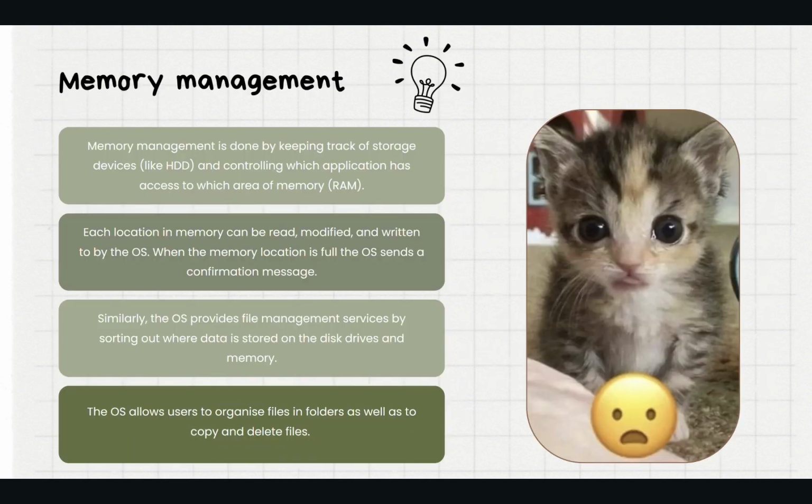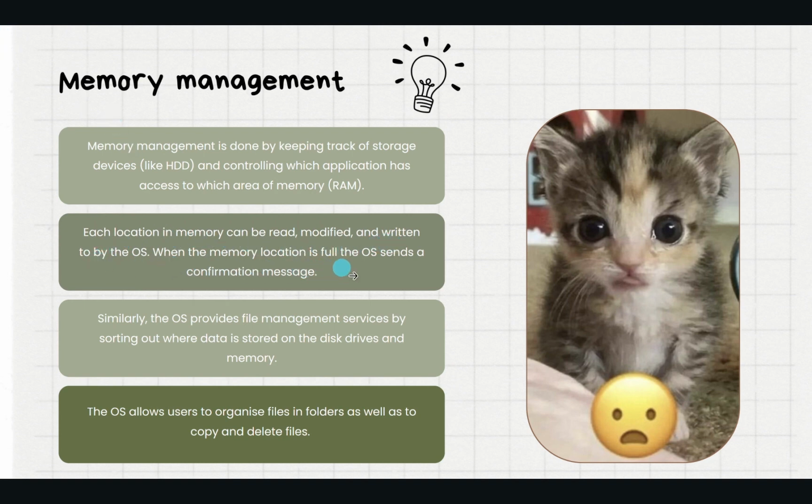Next function of the operating system is memory management. Memory management is done by keeping track of storage devices like HDD and controlling which application has access to which area of memory, RAM. So the OS controls both secondary and primary storage, and each location in memory can be read, modified, and written by the OS.